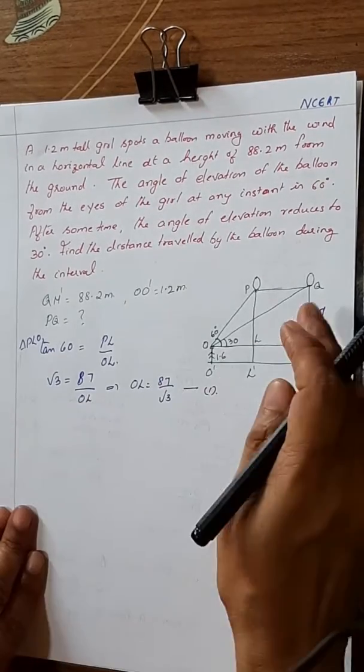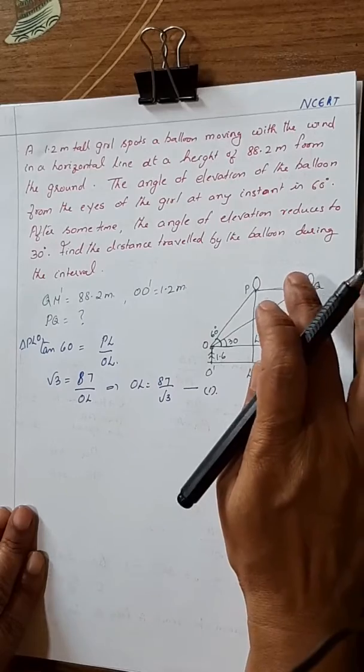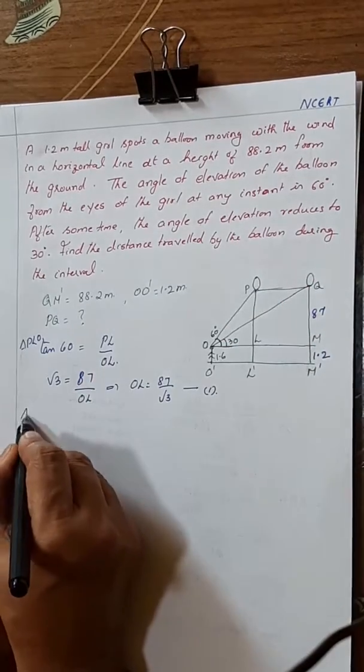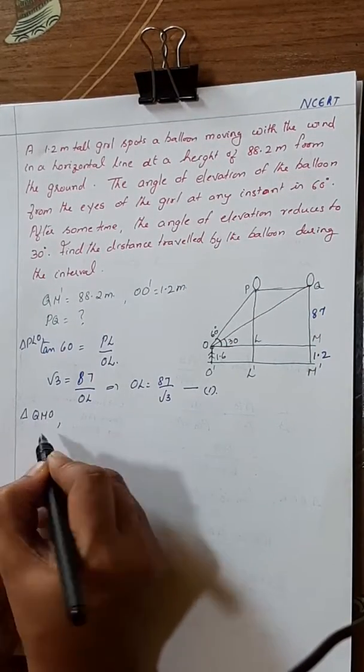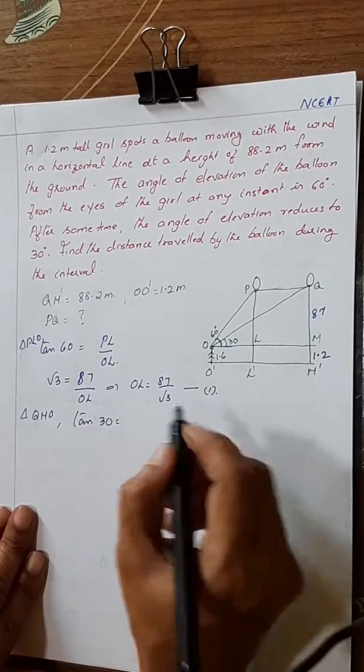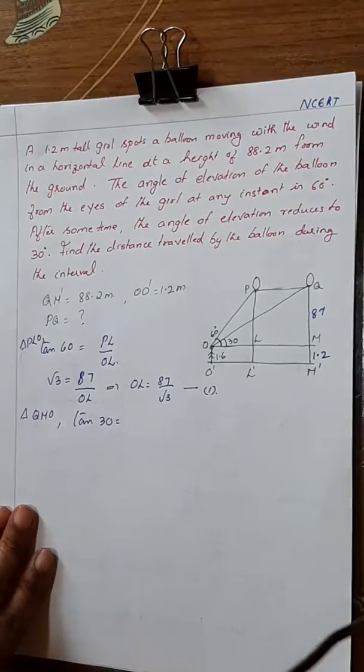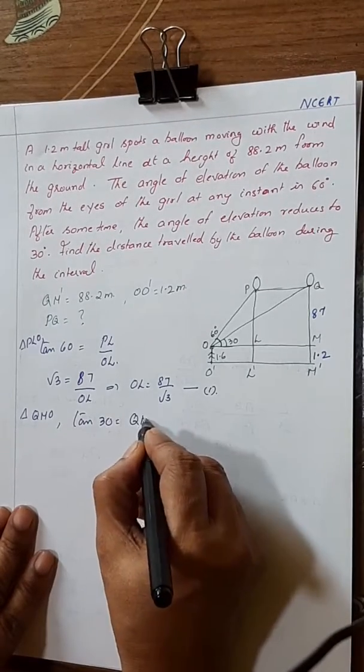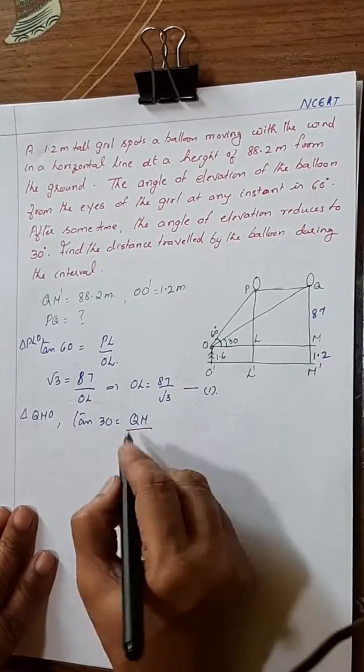So now in triangle QMO, tan 30 is equal to QM by OM.